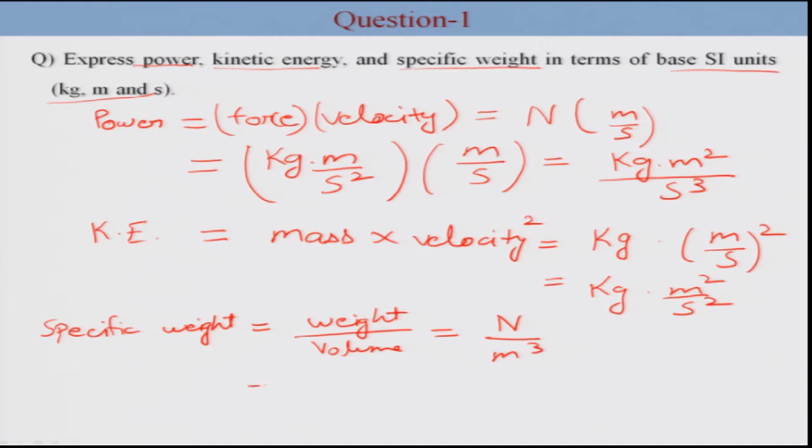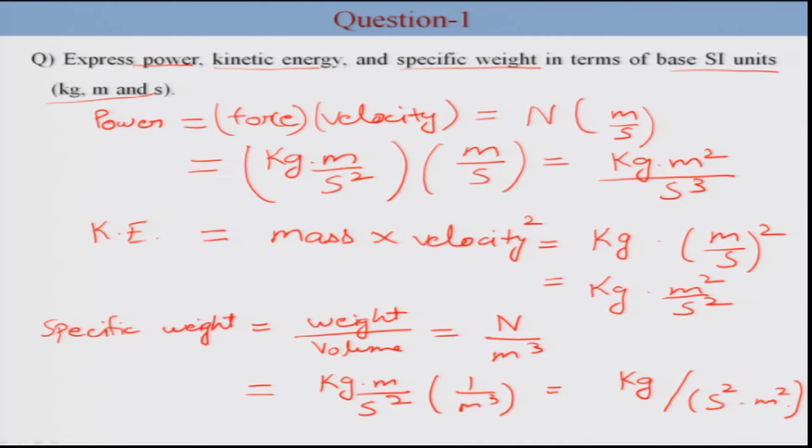Newton, further writing it in terms of SI unit, is kg meter per second square, and volume is 1 by meter cube. So this simplifies to kg per second square per meter square. So the unit of specific weight in terms of SI unit is kg per second square per meter square.